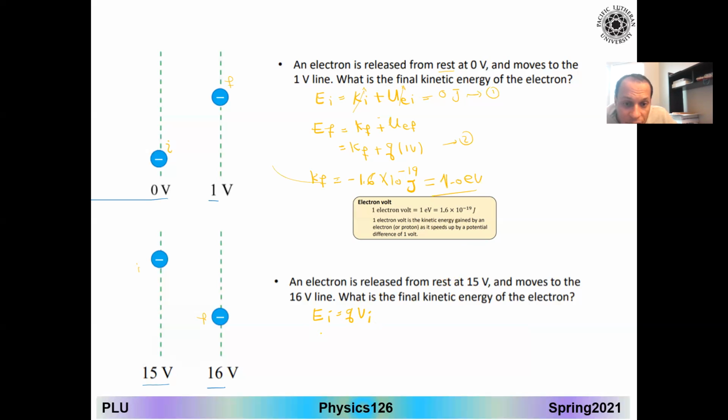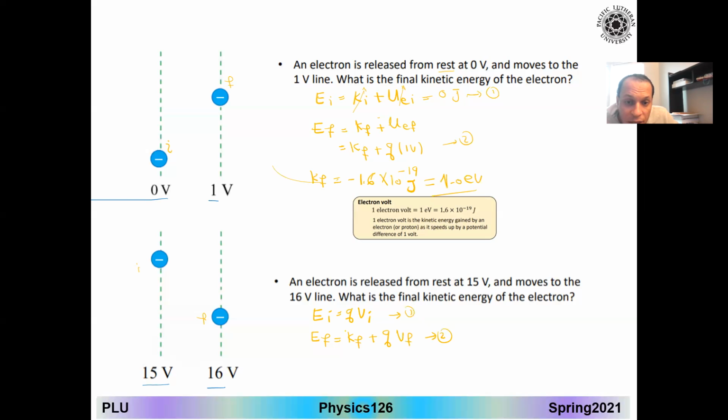And for the second one, the final energy is basically Kf, because I don't have the final velocity, plus Q times V final. Let's call this number 1, and this number 2.